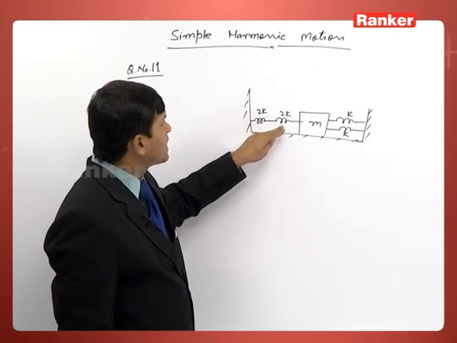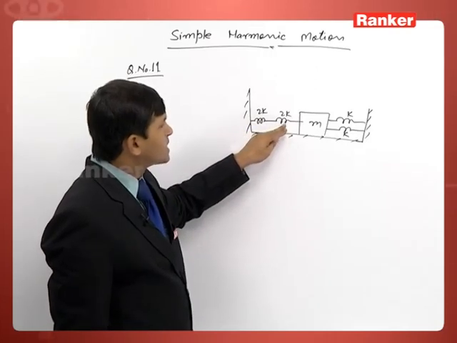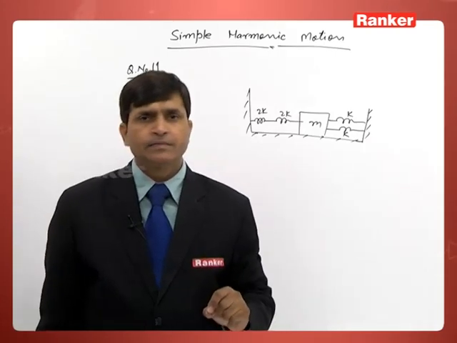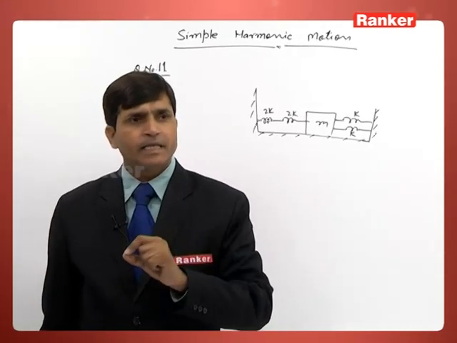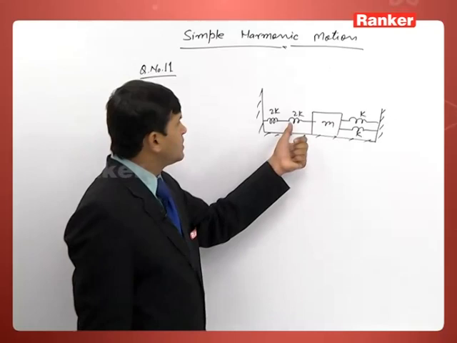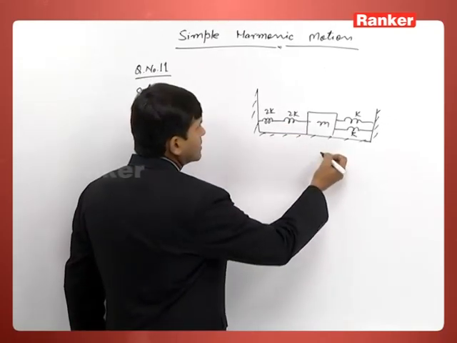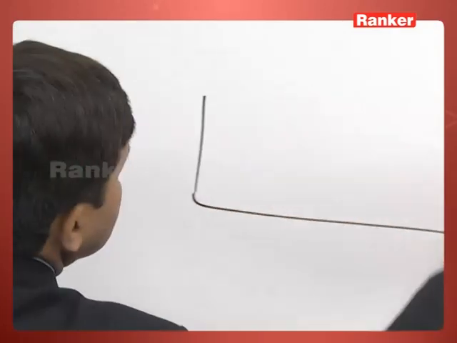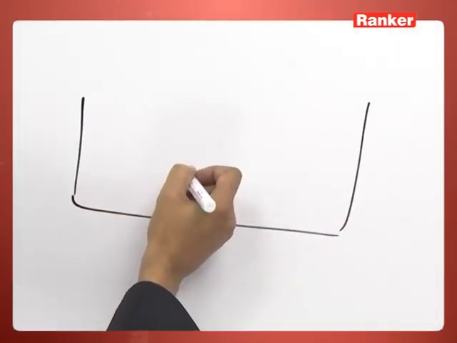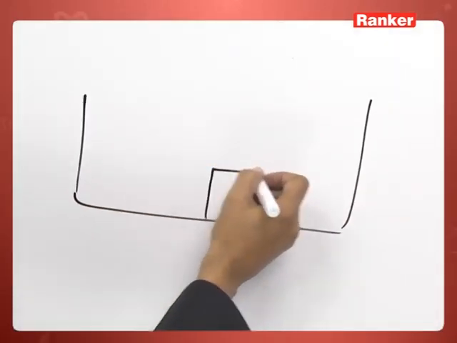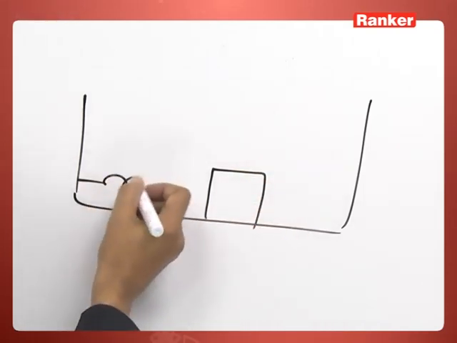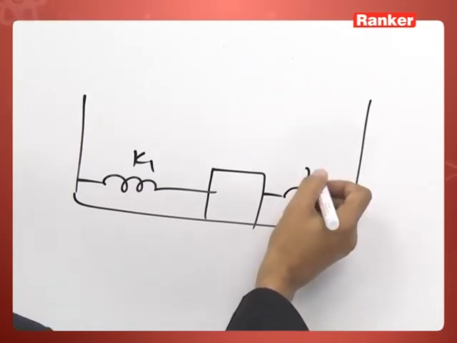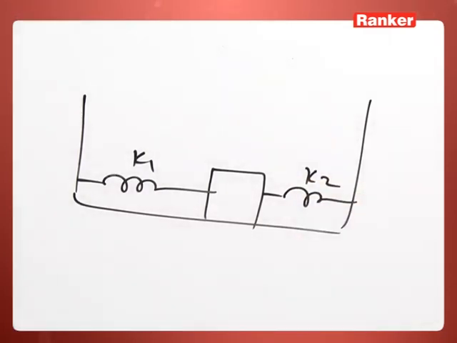When the 2 springs are in series, they are written as 1 by K effective is equal to 1 by K1 plus 1 by K2. So we can convert this into this type of system. Here in place of the 2 springs there is 1 spring, and this is also another spring.